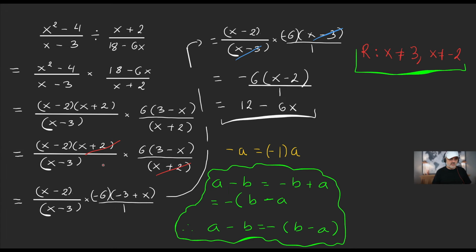Then you have a simplified version in the line below, with a slight change of course. You see that negative 6 appeared magically, and the binomial changed its form from 3 minus x into negative 3 plus x. Let me go over that quickly.